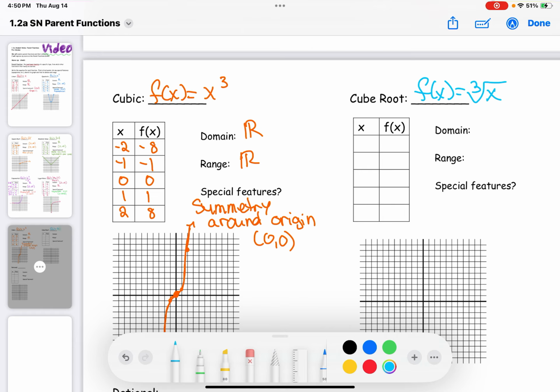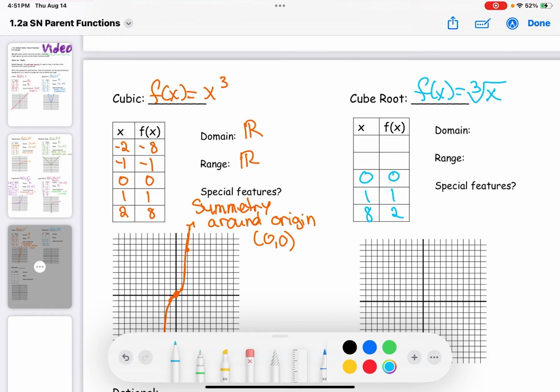We can take the cube root of 0, it's 0. The cube root of 1 is 1. The cube root of 2, 3, 4, 5, those are not going to be nice numbers. But the next perfect cube is 8, and its cube root is 2, because 2 to the third power is 8.